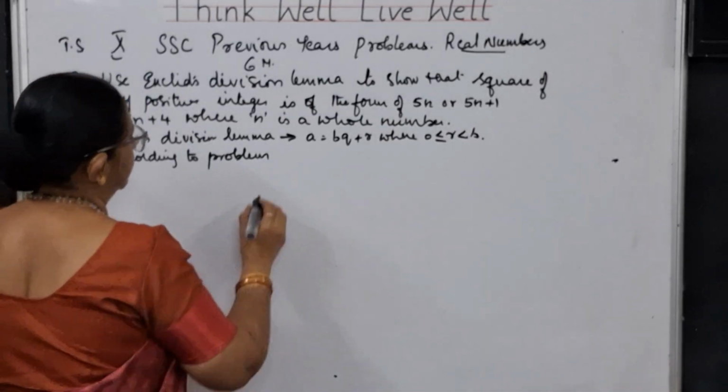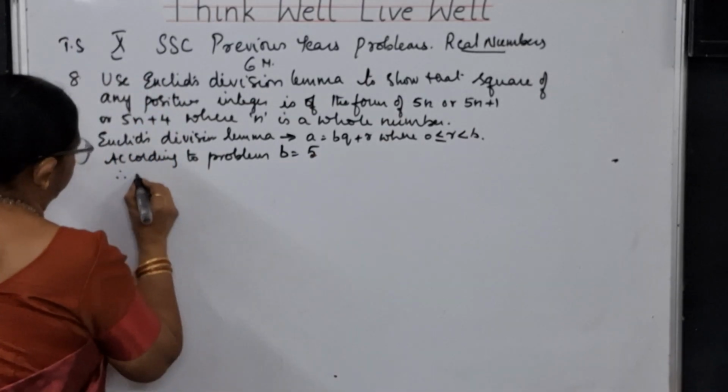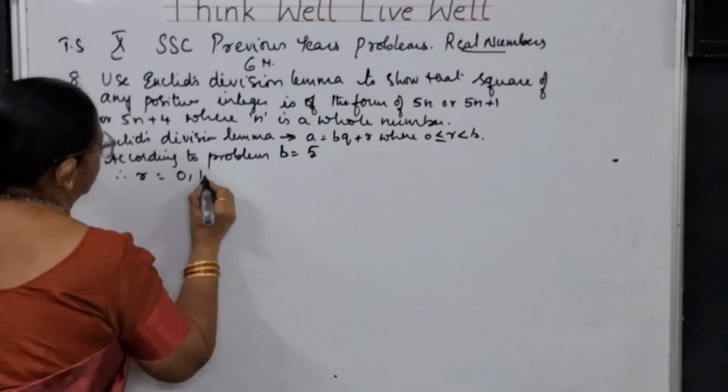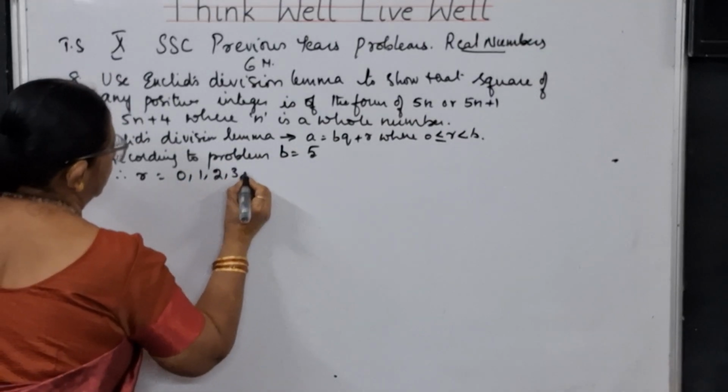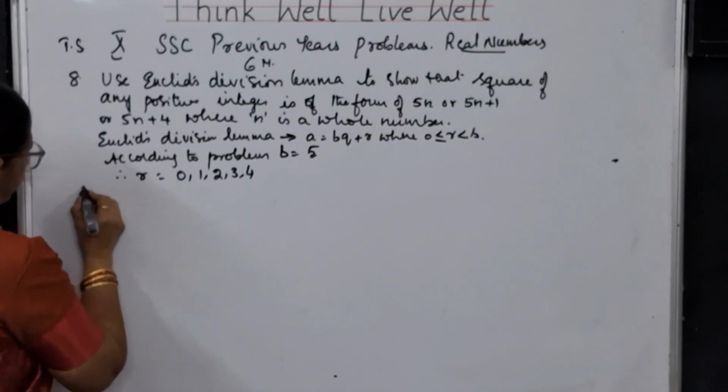They did not say 5n or 5n plus 1. B is equal to 5. Therefore, R can be 0, 1, 2, 3, 4. So, let us take one by one.